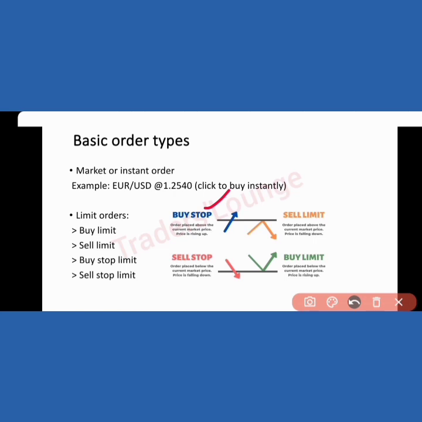So you want the market to break that particular resistance up there, and you set your buy stop above the resistance level. If this barricade is broken, then it will pick your order and continue the normal trend that is already on.